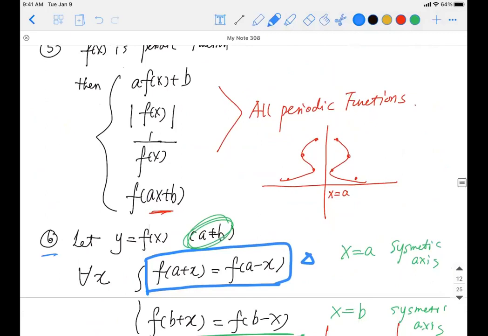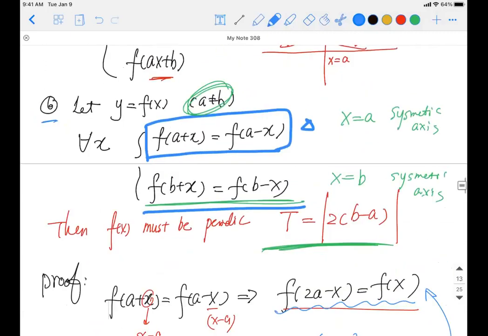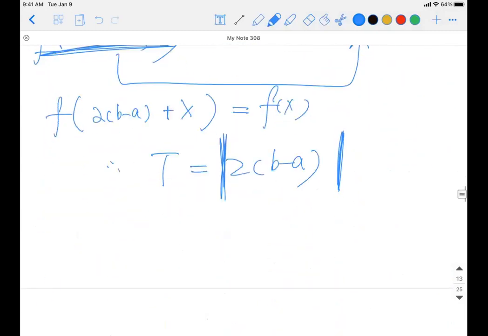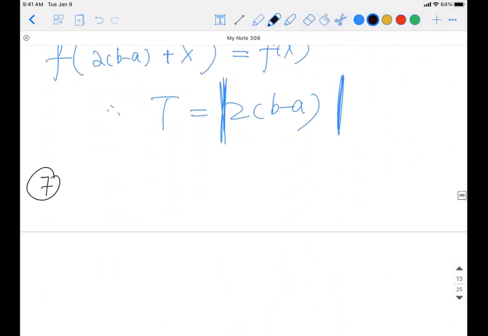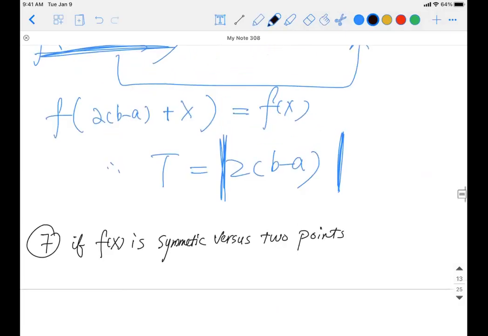Number 6 means what? If a function has two symmetric axes, then automatically it is a periodic function. Number 7 is pretty much the same thing. If f(x) is symmetric about two points, still remember, a function is either central symmetric or axis symmetric. We have already talked about if a function has two symmetric axes.